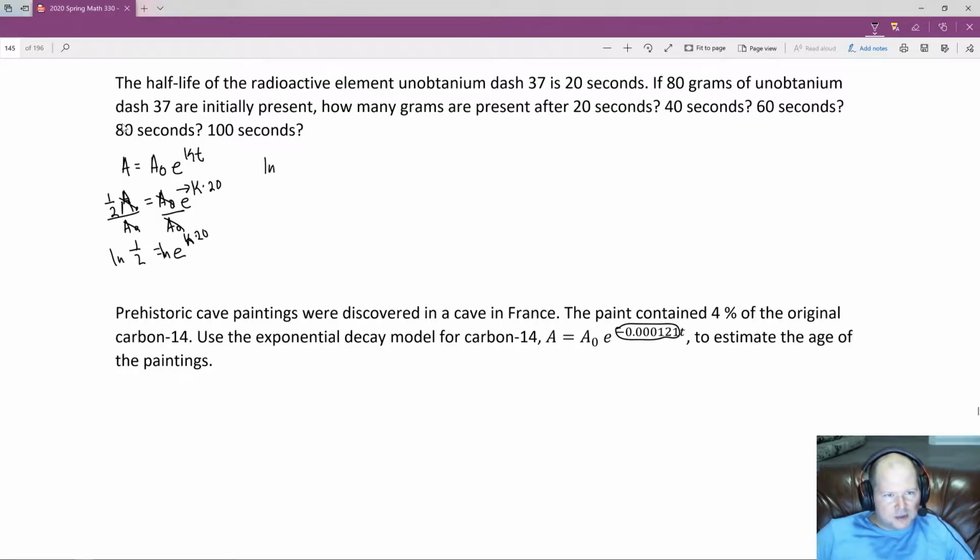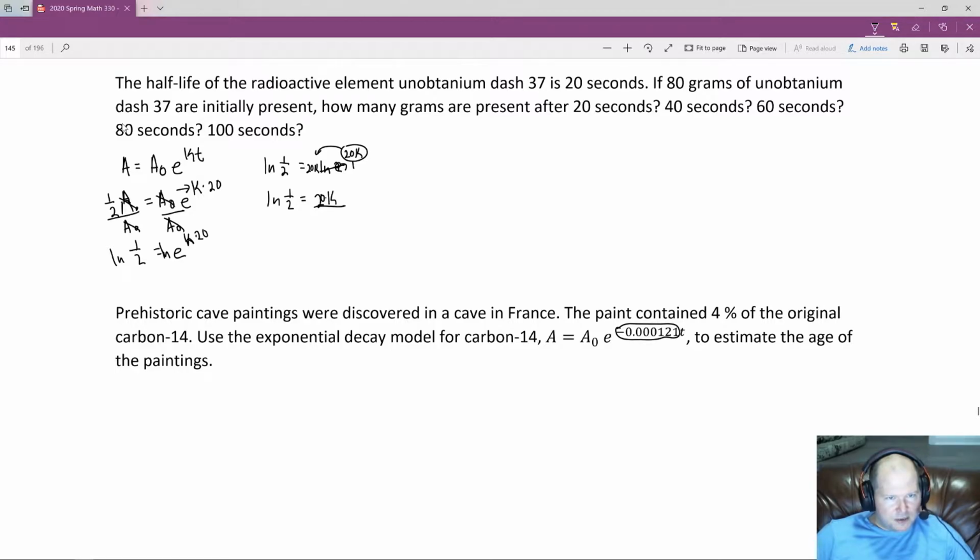So we end up with the natural log of 1/2 is equal to the natural log of e to the 20k. Now you take this 20k and pull it to the front. And since the natural log of e just goes to a 1, it just goes away. So you end up with the natural log of 1/2 equals 20k.